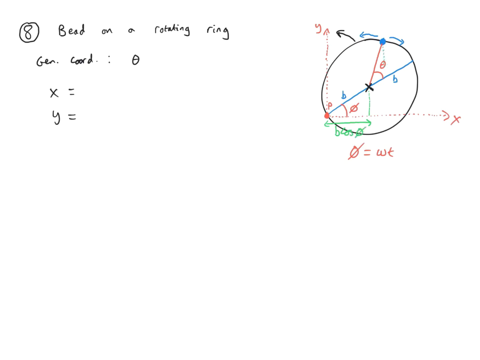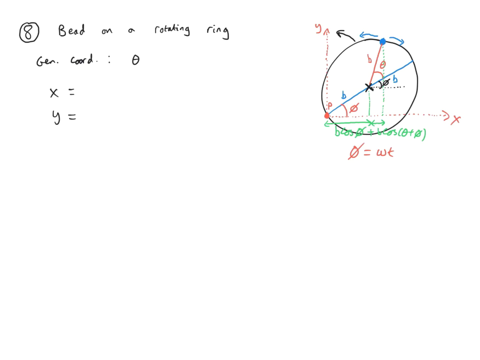Then we have this additional projection onto the x-axis. How do we work that out? Well, first of all, note that the red line here is also a radius and therefore also has a length b. But the angle relative to the x-axis is now this combined angle theta plus phi. And so this extra piece here is actually b cos of theta plus phi, which we can read off from the diagram.